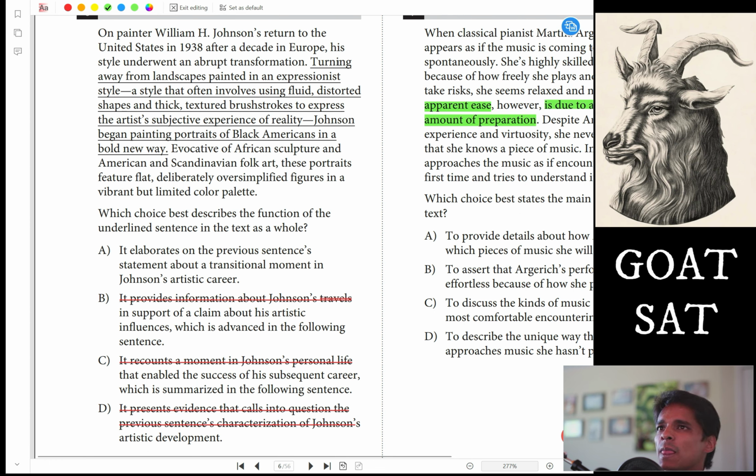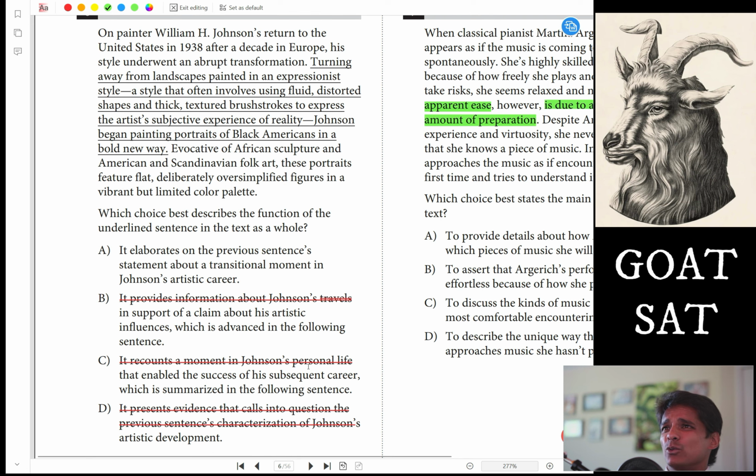Let's read the line. Turning away from landscapes painted in an expressionist style, a style that often involves doing this stuff to express the experience of reality from the artist, Johnson began painting portraits in a bold new way. Okay, so let's look at what these things say. It recounts a moment in Johnson's personal life.